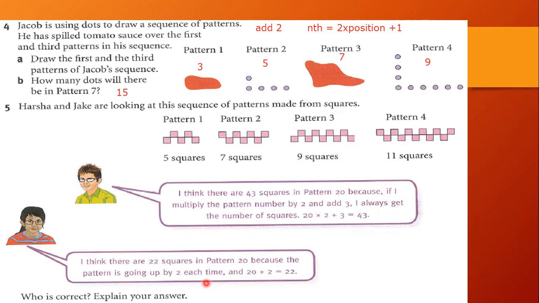Okay, so let's check who is correct and who is wrong. First of all, you know that it's adding 2 each time, so the term-to-term rule is add 2.